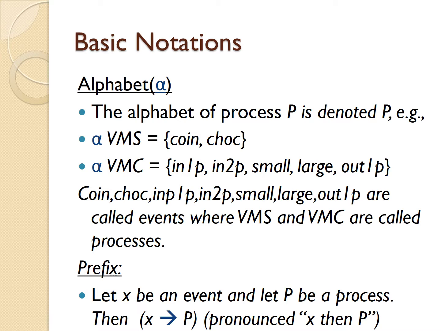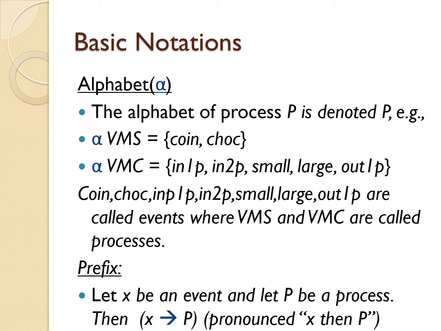Alphabet. The alphabet of process P is denoted as alpha, the mathematical symbol alpha. Alpha VMS is equal to {coin, chocolate}. Alpha VMC is equal to {in1p, in2p, small, large, out1p}. The words inside the braces are called events.